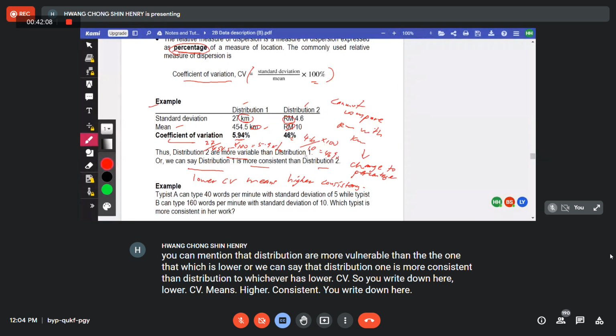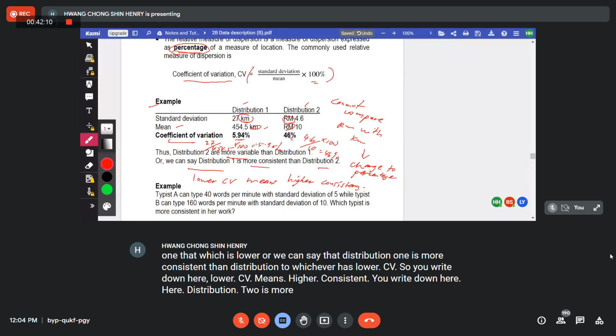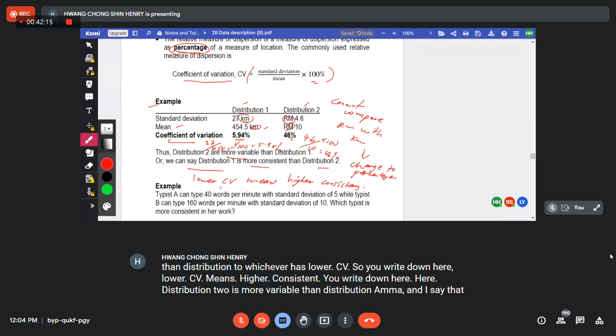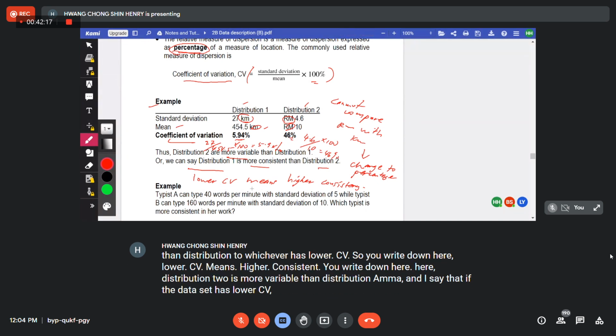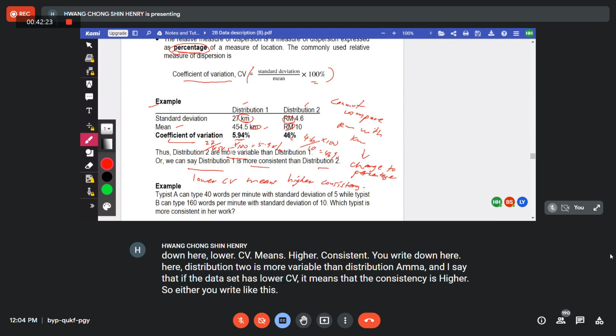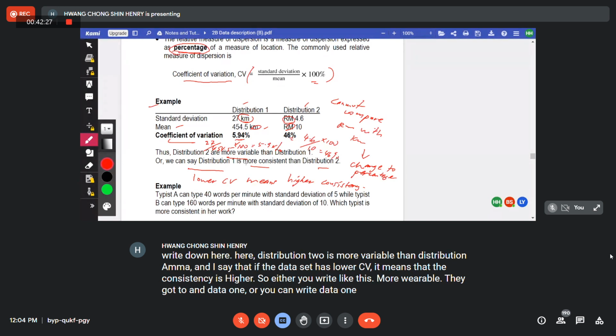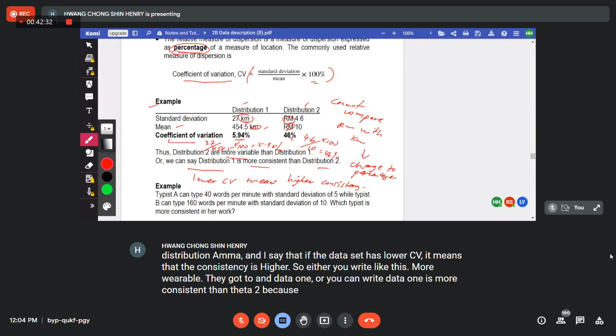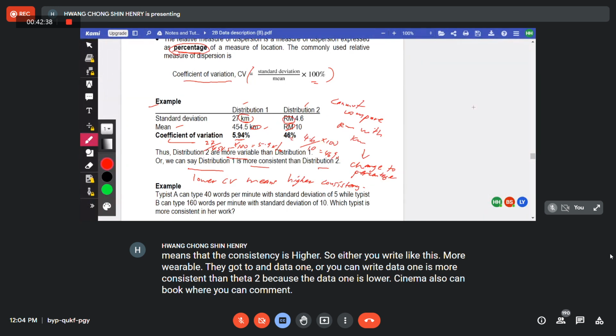You see, distribution 2 is more variable than distribution 1. And if the data set has lower CV, it means the consistency is higher. So either you write data 2 is more variable than data 1, or you can write data 1 is more consistent than data 2 because data 1 has lower CV. Both ways you can comment.